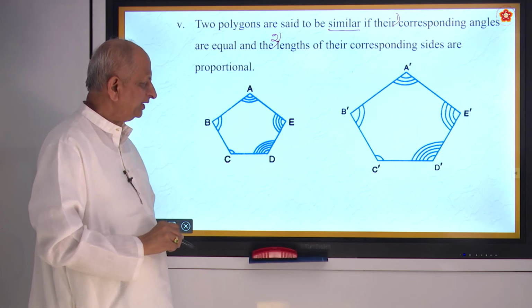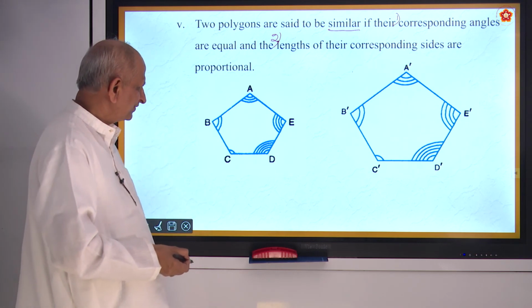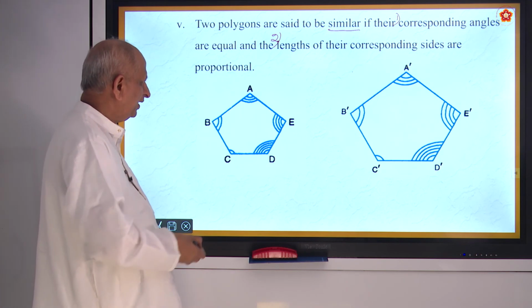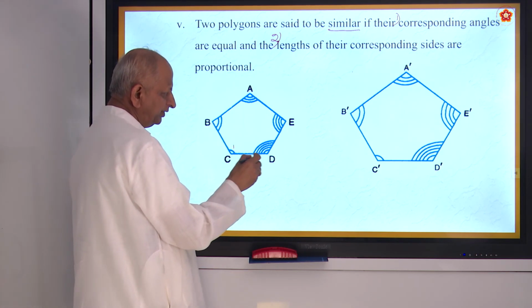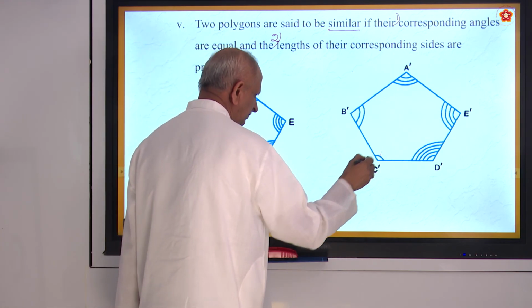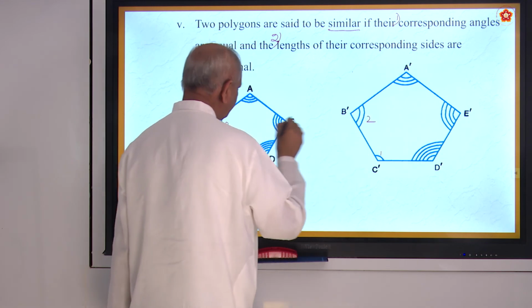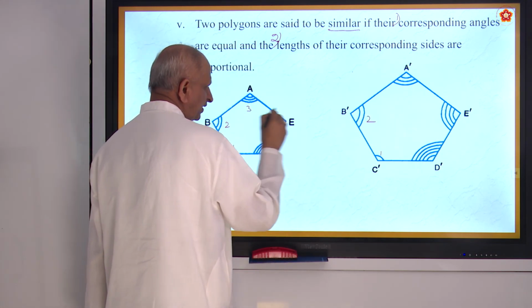For example, here is a beautiful photo of a pentagon. Pentagon means how many sides? 5 sides. So here, see, angle C is equal to angle C dash, corresponding. B is equal to B dash. A is equal to A dash.